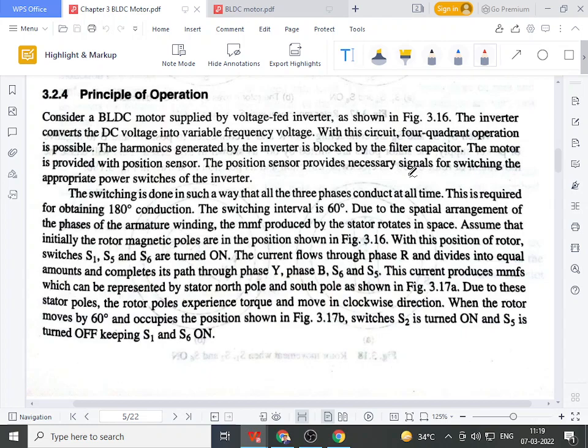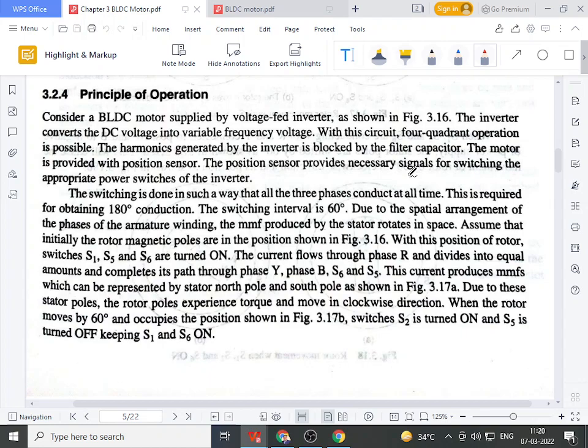Okay, such a thing is not there in the case of a single phase induction motor. Therefore the single phase induction motor is not self starting, and we generally go for the double field revolving theory. I am not going to explain that concept in detail, because you have already learned that part in AC machines.